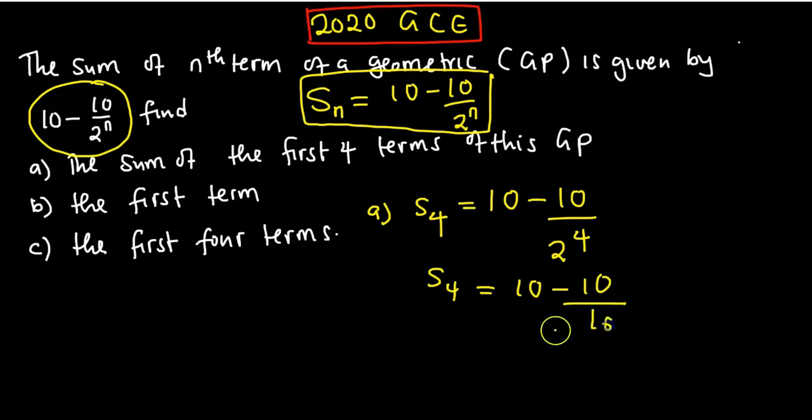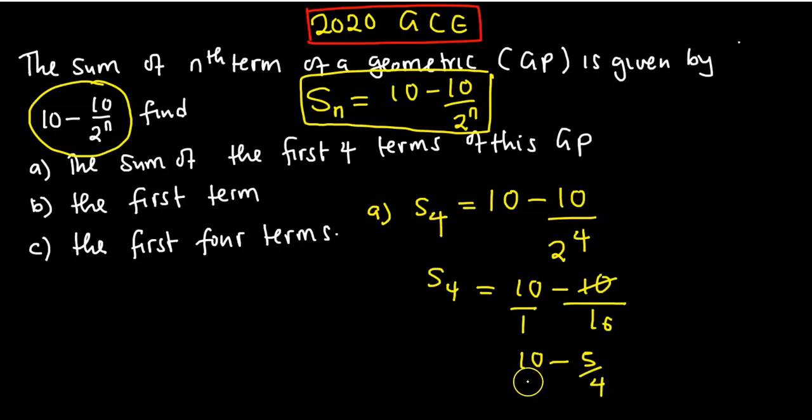We can reduce this one in advance, where this one becomes 5. So it's going to be 10 minus 5 over 4.